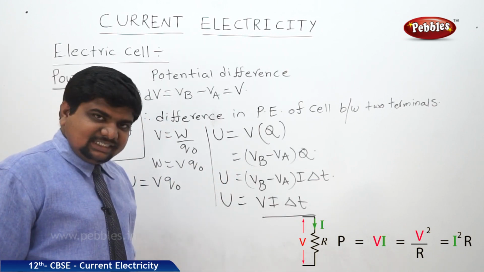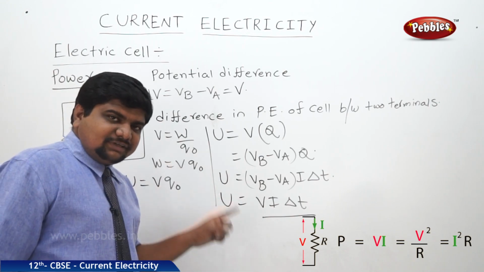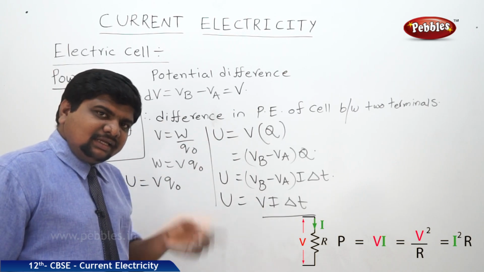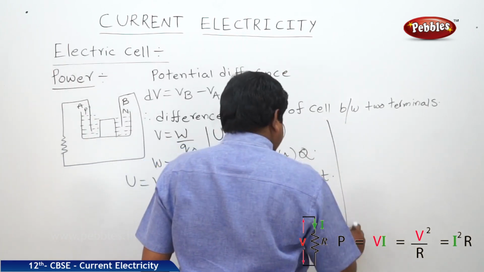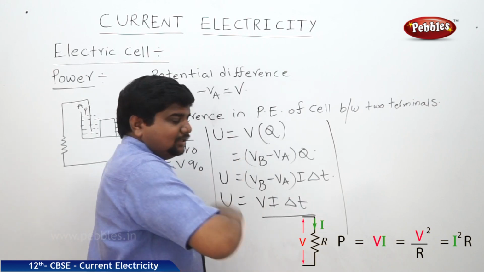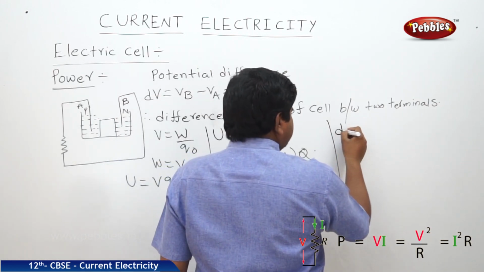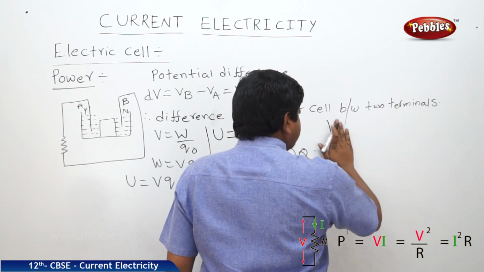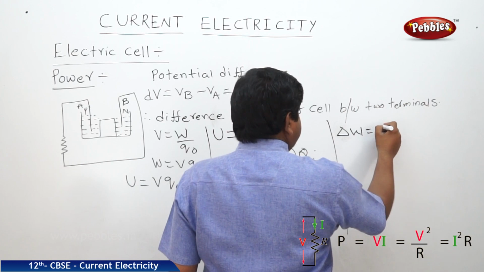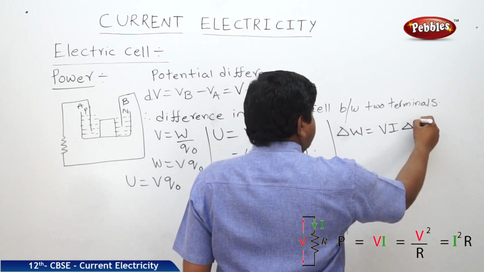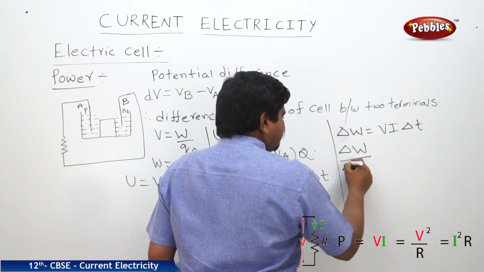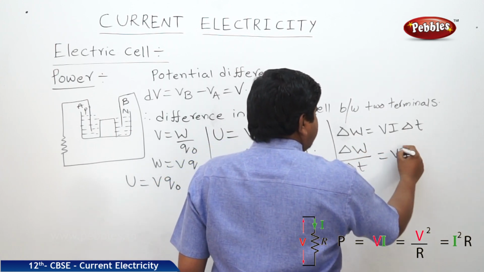This potential energy is nothing but the work done to transfer a charge from one terminal to the other terminal, or one electrode to the other electrode. That means, if this is the time delta T, we can write the work done as delta W. Therefore, delta W is equal to VI delta T, so delta W by delta T is equal to VI.